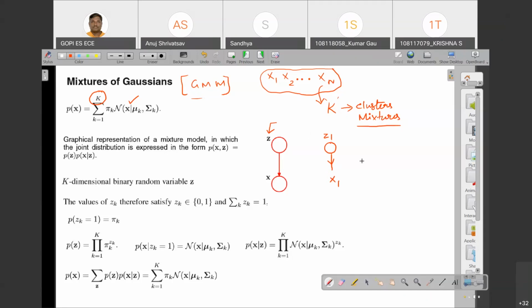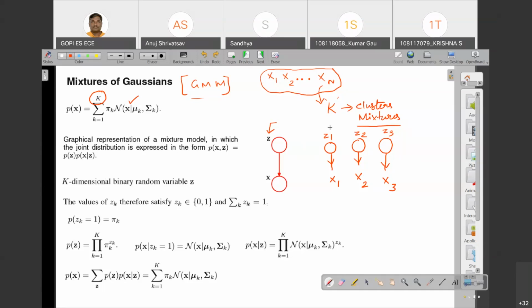So Z1 is responsible for generating X1, Z2 for generating X2, Z3 for generating X3, and there is no link. In HMM, we have this link, that sequential model. This link is not there. They are separated. All the vectors are generated independently, right? That is the major difference, and that makes the problem very simple to solve.